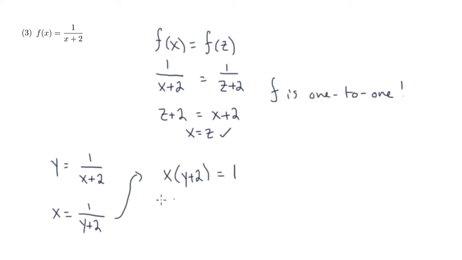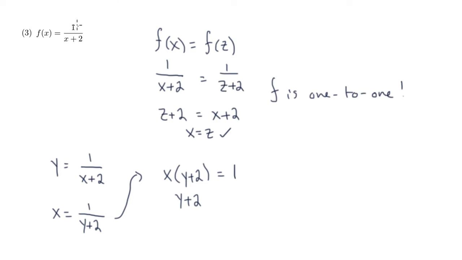Then we can divide by x here. And now, so I said that negative 2 was not in the domain of this function. Also notice that 0 is not in the range of this function.